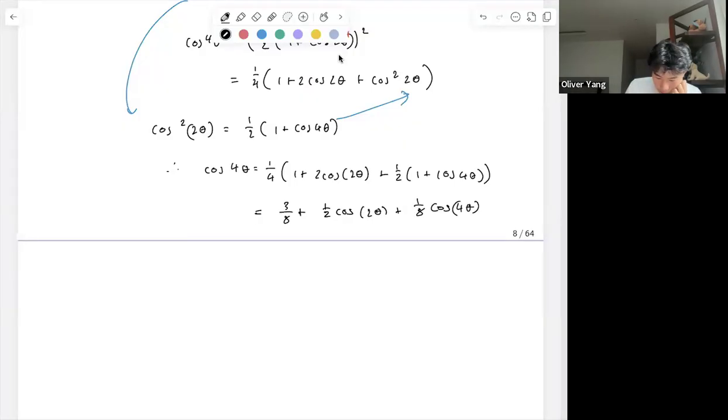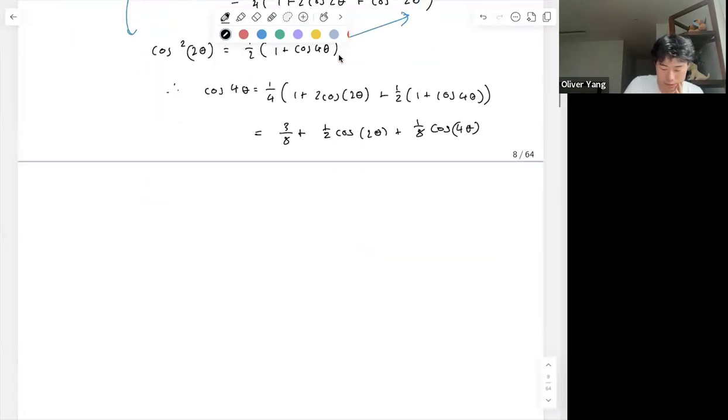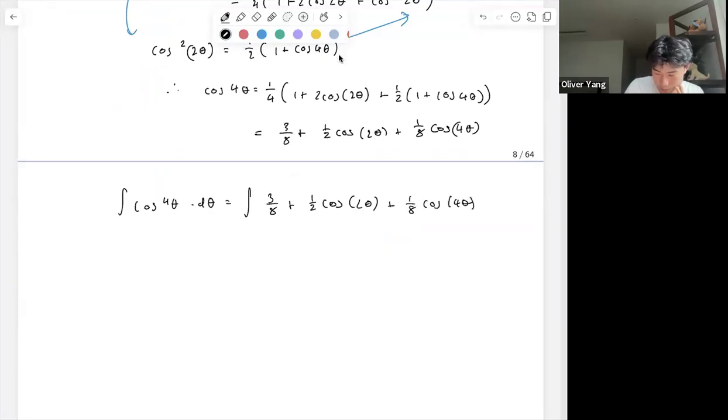Okay. So now that we've done all of this trig identity stuff, we can just integrate. We can rewrite the integral: the integral of cos to the power of 4 theta d theta equals the integral of 3 on 8 plus 1 on 2 cos 2 theta plus 1 on 8 cos 4 theta d theta.